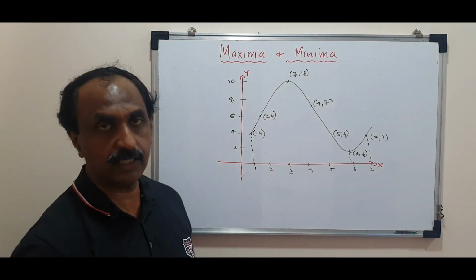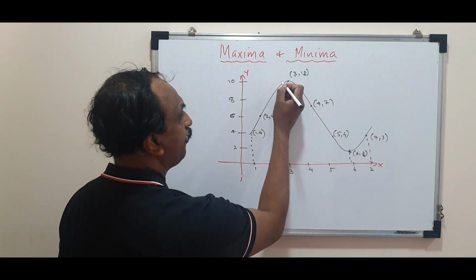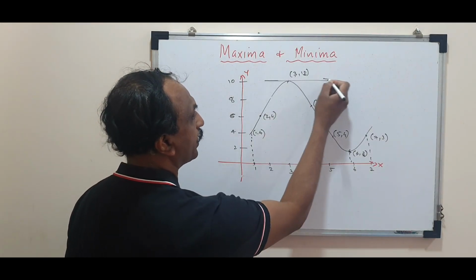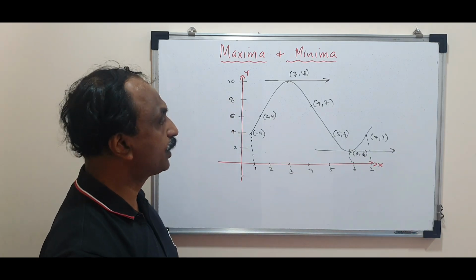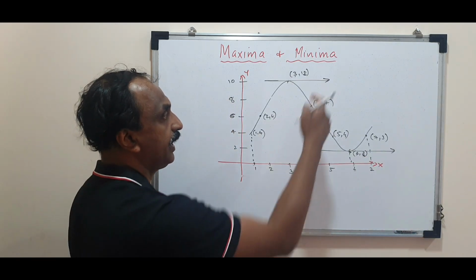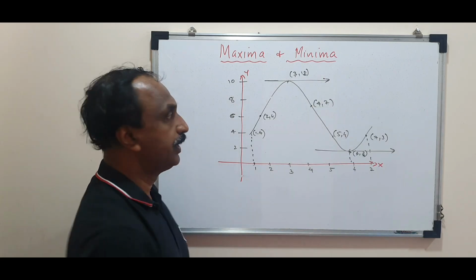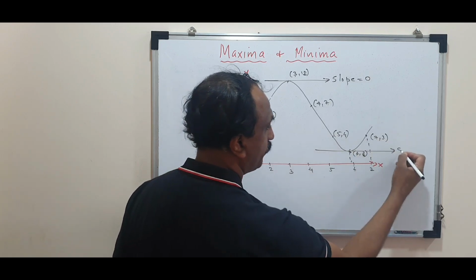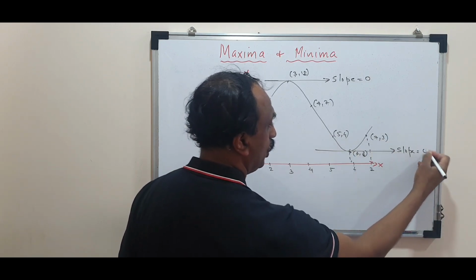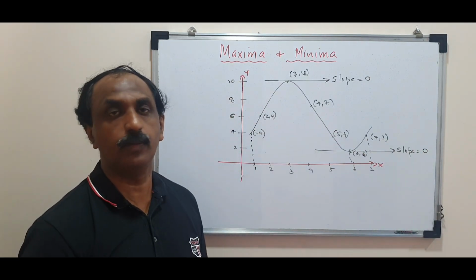What is the speciality of a local maxima? If I draw a tangent at this point and a tangent at this point, what have we noticed about the speciality of this tangent? It is parallel to the x-axis. So the slope of this tangent will be 0. The slope of the tangent here also will be 0. No other place will the slope be 0.